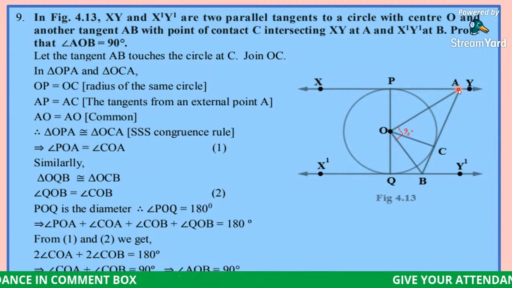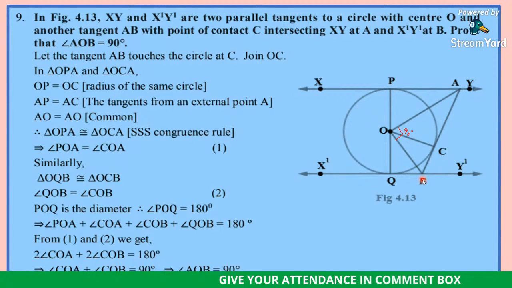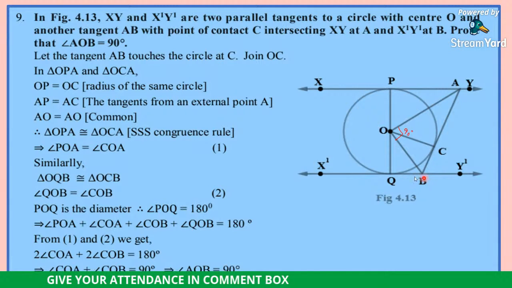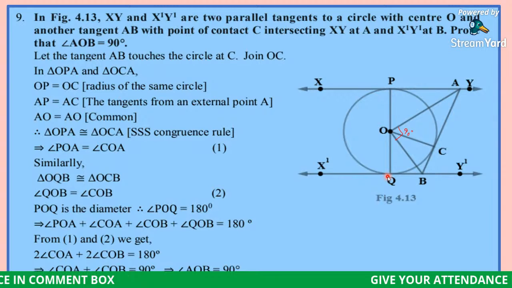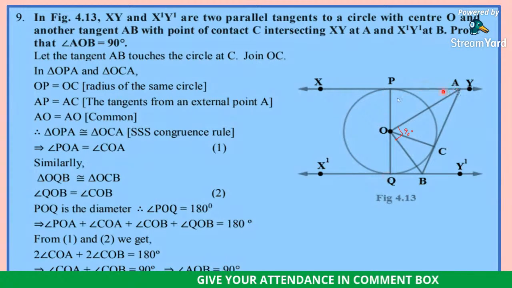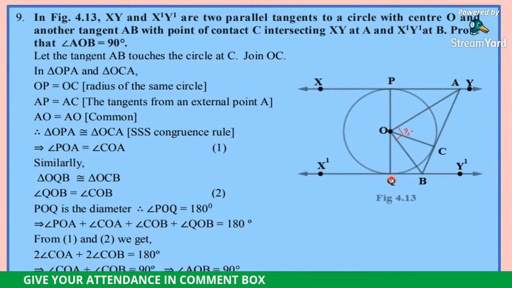Because we have to use the theorem which we have learned so far. And if B is the external point, then BC and BQ are the tangents drawn from the external point. According to the property, they are going to be equal. That means AP will be equal to AC and BC will be equal to BQ.